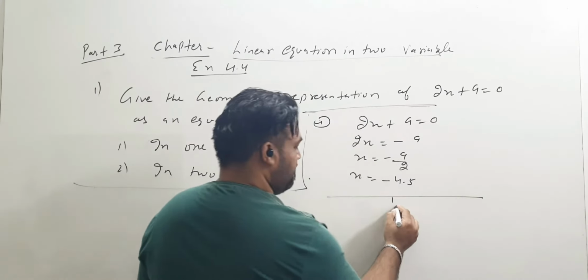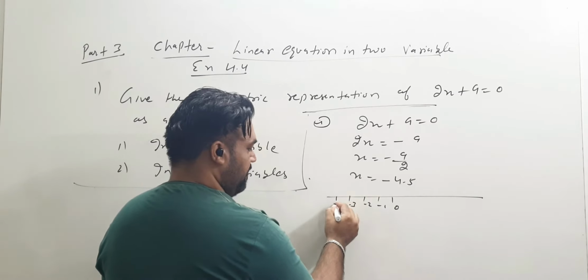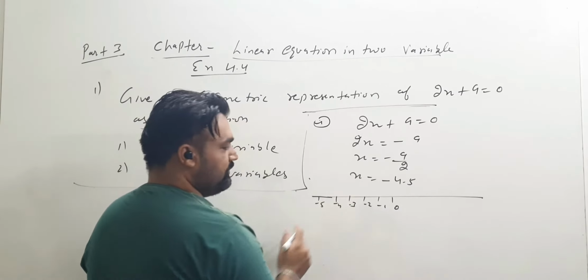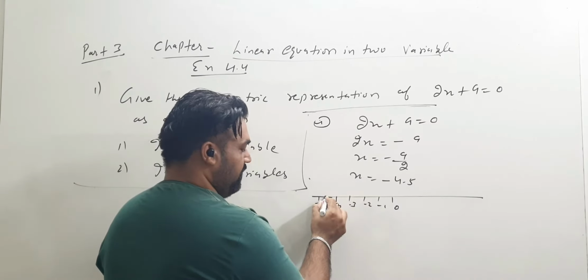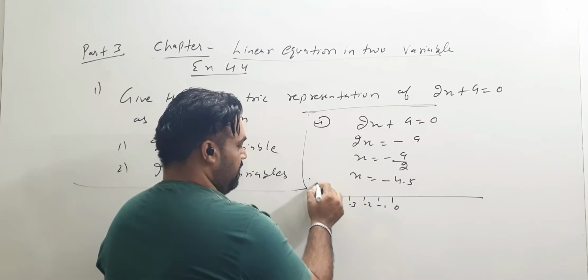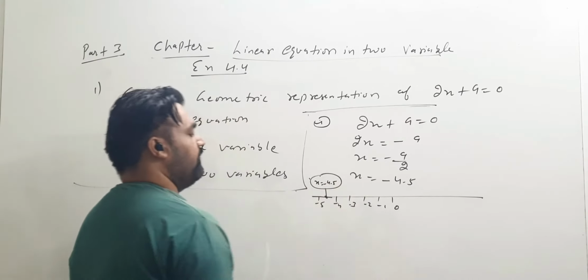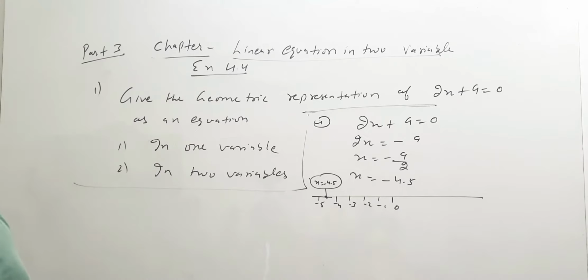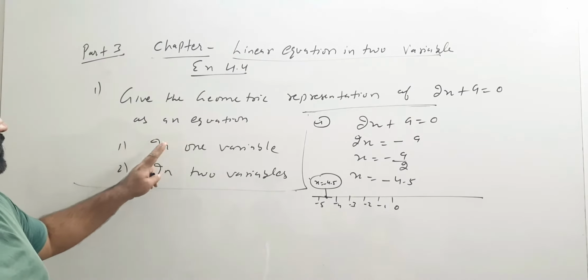Draw a number line, this is 0, -1, -2, -3, -4, -5. Now we have to find the value of x equals to minus 4.5. So this is a point x equals to minus 4.5. So this is a geometric representation in one variable.